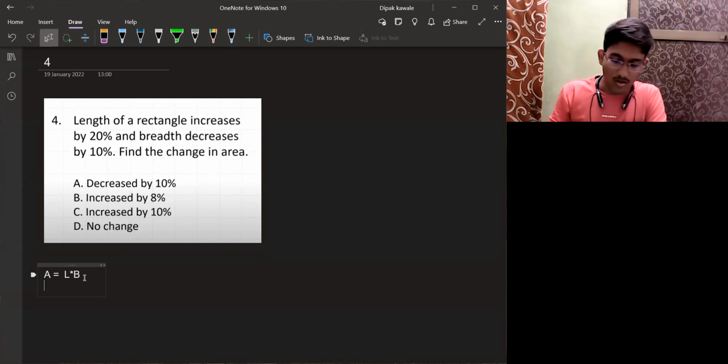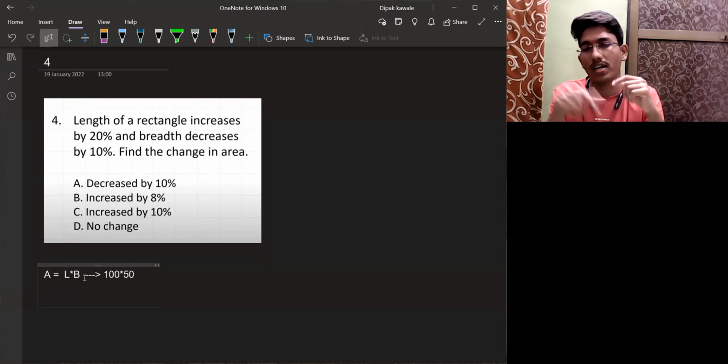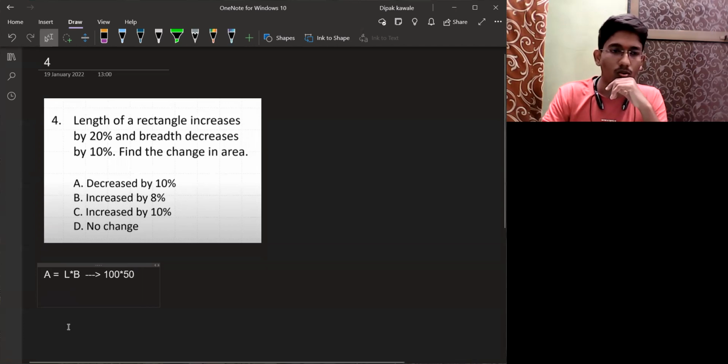So in this case we will assume length value as 100, and as it is a rectangle I will be assuming breadth value as 50. You can assume anything. For simplicity I have assumed whole numbers like 100, 50, or I can also assume like 200 and 100. Okay, that's good.